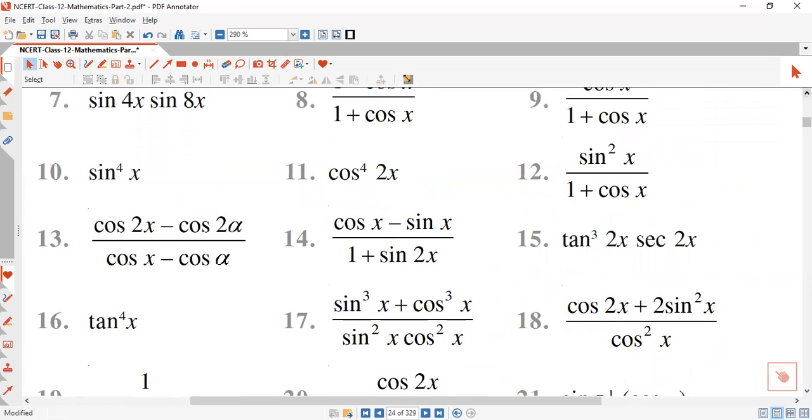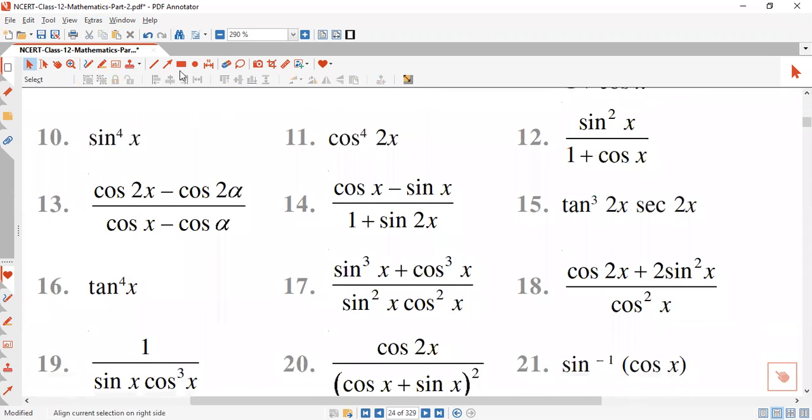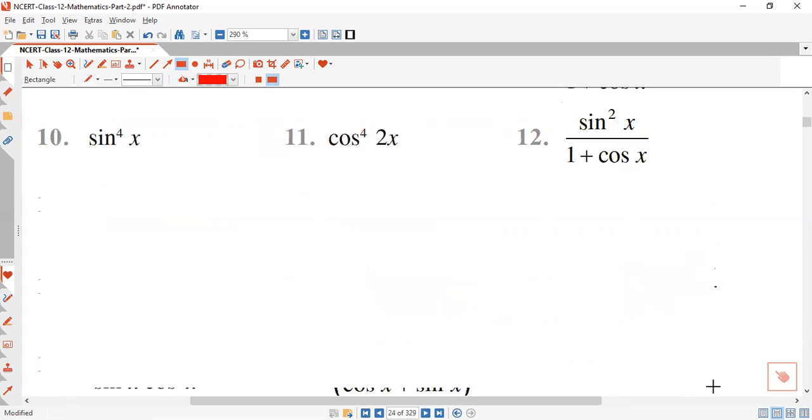Now after question number 9, we want to do question number 10: sine power raised to 4, and we want to find the integration. No direct formula is here for this power, dx.